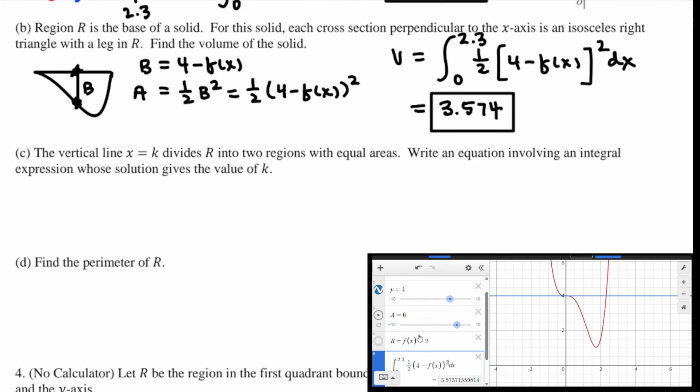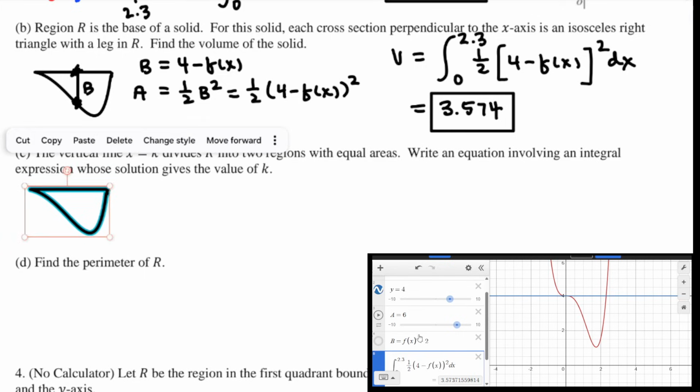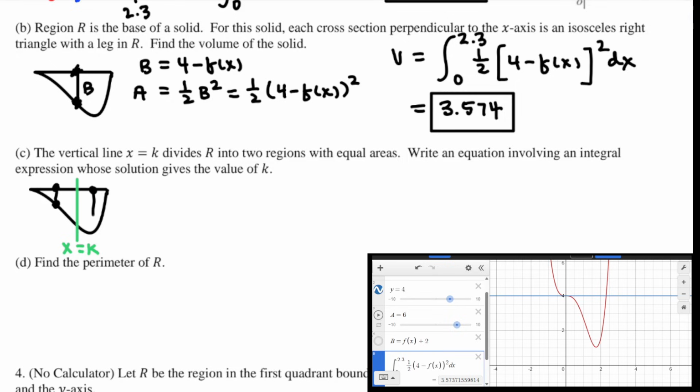The vertical line x equals k divides R into two regions with equal areas. Write an equation involving an integral expression whose solution gives the value of k. So it's like the other one we did on the first example. X equals k, but the idea is that the area on the left will be equal to the area on the right.